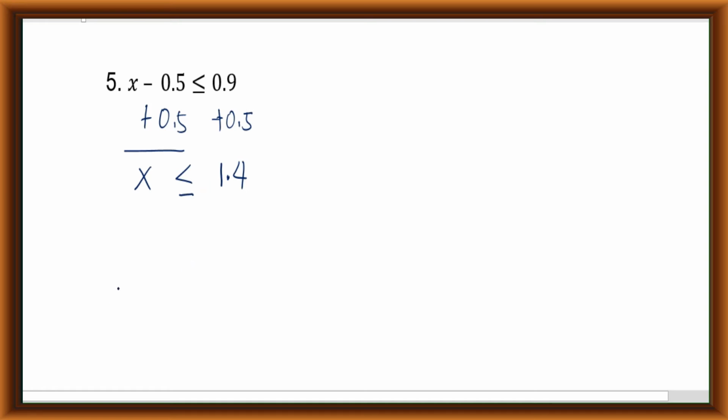Now on our number line, 1.4 is between 1 and 2. So let's have 0, 1, 2, and 3. Somewhere here, 1.4 is in this part. So we shade that part, moving to the left side of the inequality.